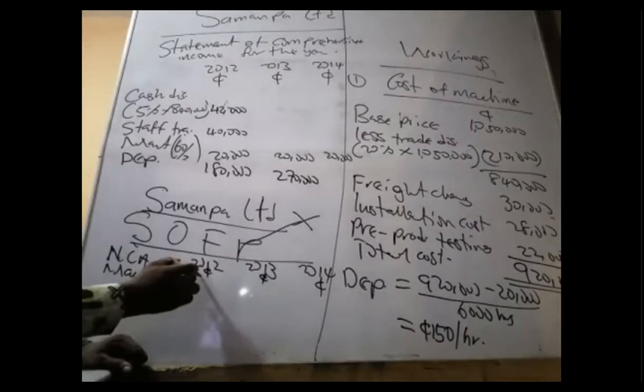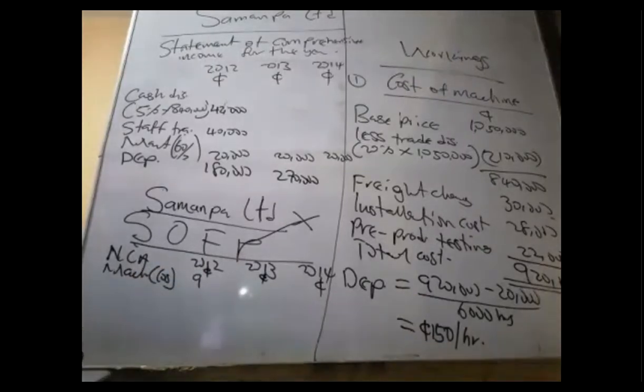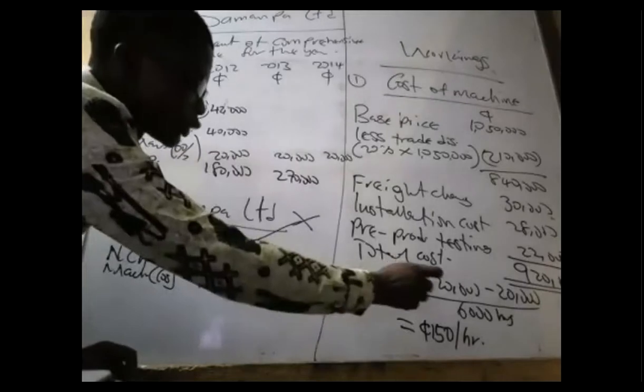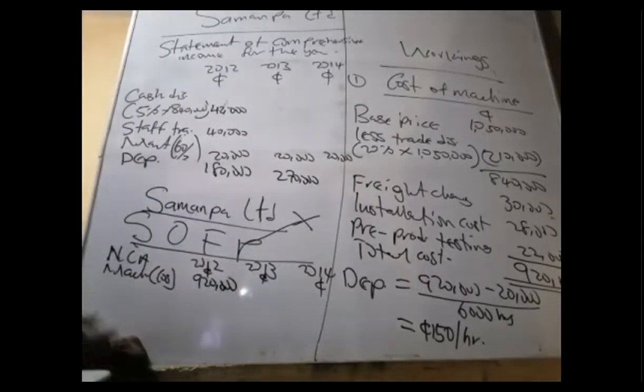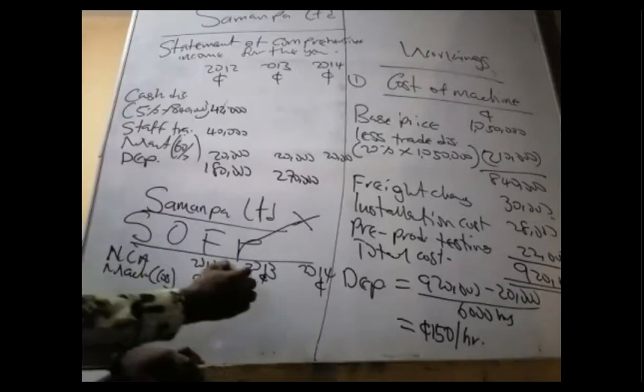Do I write 920, or 900? Please, it must be 920. You only subtract the scrap value when you're going to calculate depreciation. After depreciation, come back together.